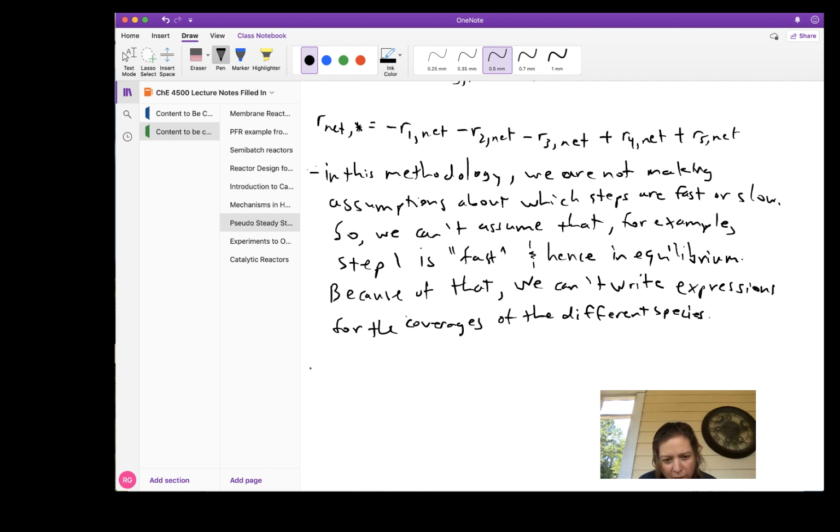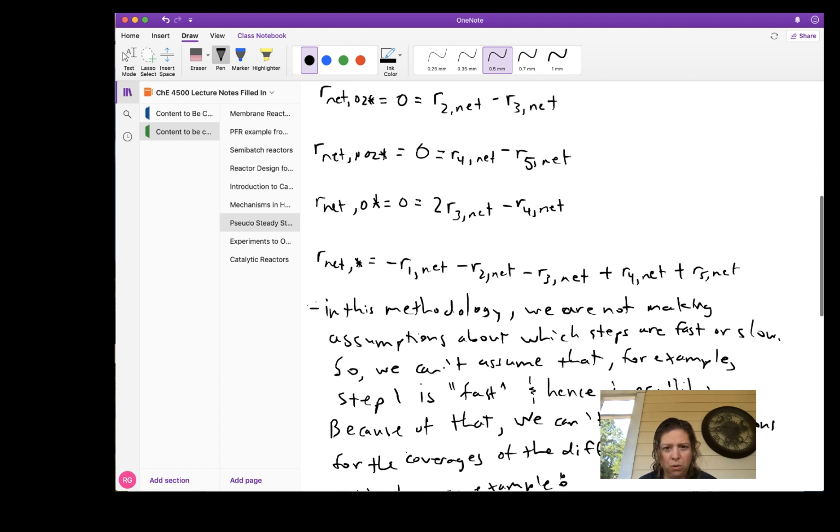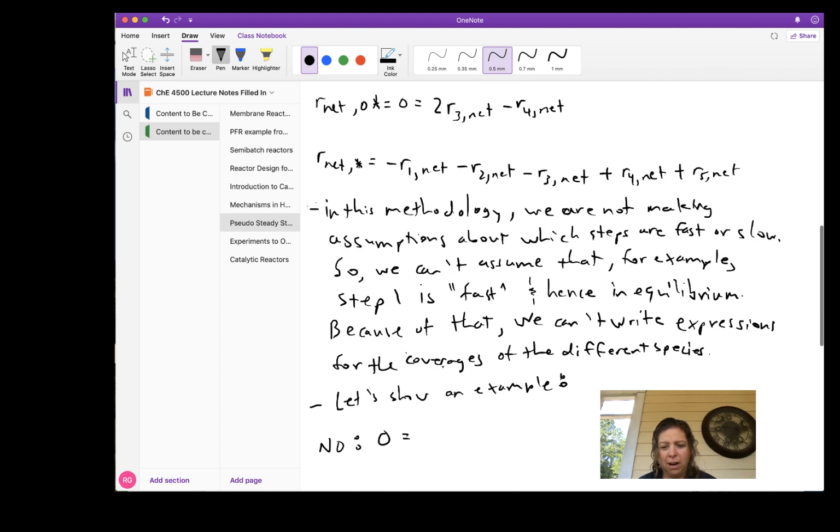So let's show an example. We said that the net rate of NO is equal to R1 net minus R4 net.